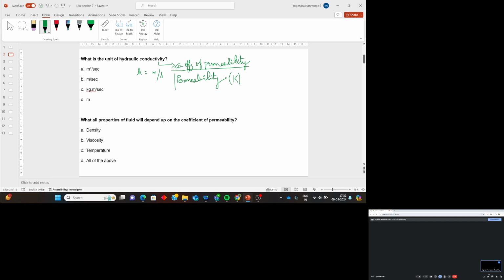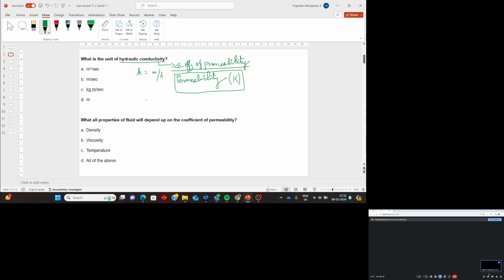So hence it should be carefully noted that permeability is a separate term, and coefficient of permeability is also known as hydraulic conductivity. This should be borne in mind whenever questions are being asked, and wherever you find a possible mistake, you can rectify it and point it out.